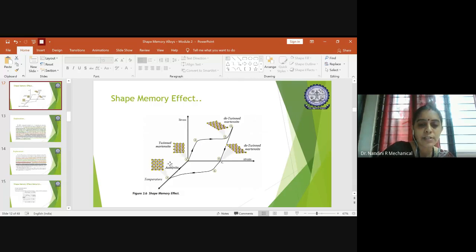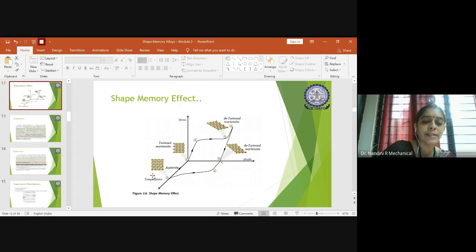hysteresis loop here, right? So this is the austenite. This is the actual arrangement of the molecules in any shape memory alloy. But it has to change to martensite, meaning to get that twinned deformation in the body, you need some mechanical loading, or temperature.